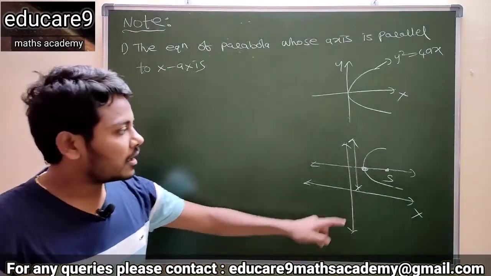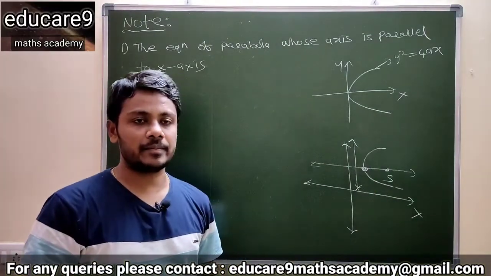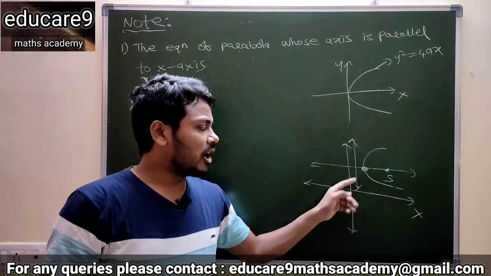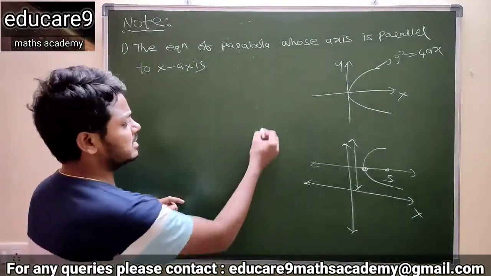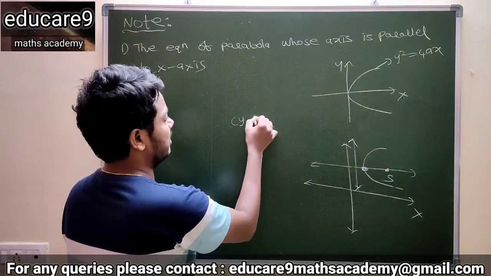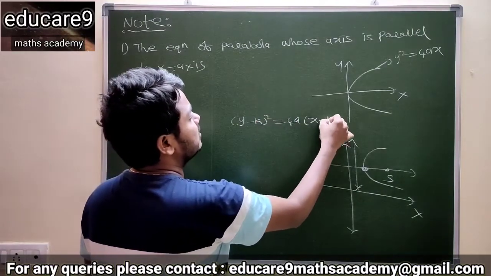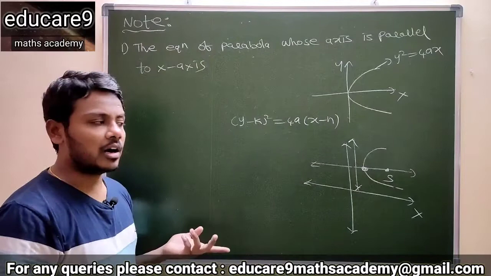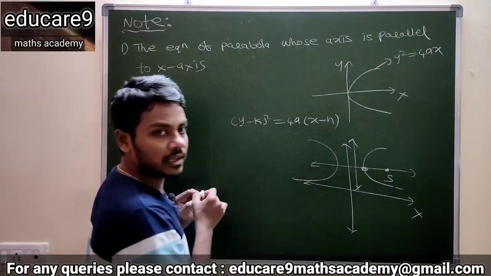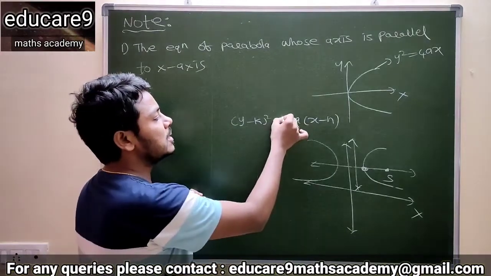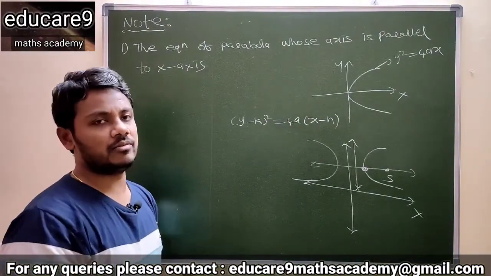Clearly the parabola opens on the positive x-axis side and the origin is shifted to some point (h, k). Therefore, the equation is (y minus k) whole squared equals 4a into (x minus h). Or if the parabola opens on the negative x-axis side, in that case the equation is minus 4a into (x minus h). Consider any one.